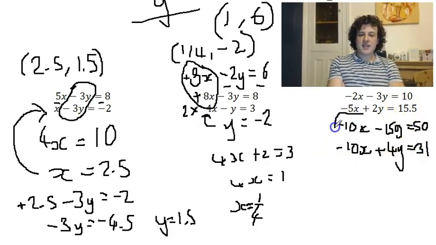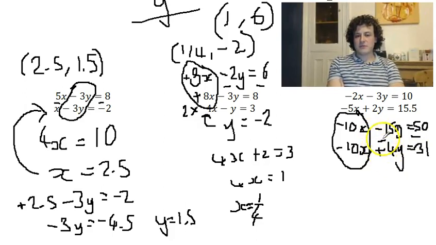And now the thing we're cancelling, the signs are the same, so we're going to subtract. Now, some people might look at this and go, oh, I'm not sure I want to do minus 15 minus 4. You might prefer to do a positive number, take away, even if it's take away a bigger number to get a negative answer. You can do it anyway, as long as you're consistent.